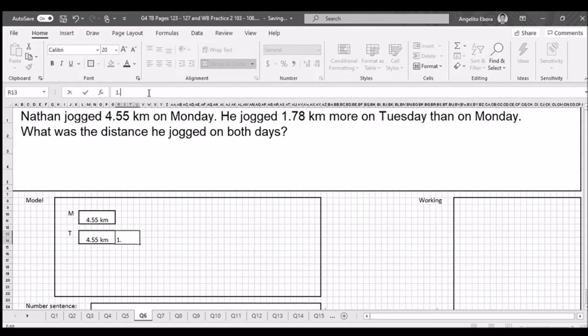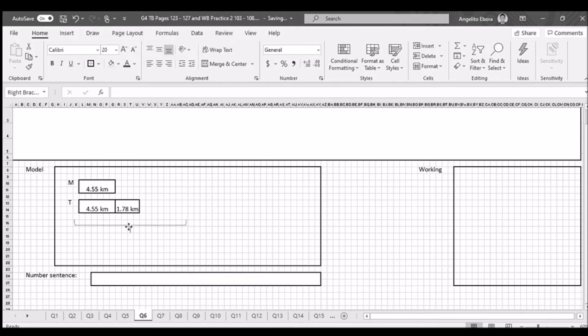So this one, the extra is for the 1.78 kilometers. Okay. So what was the distance he jogged in both days, Monday and Tuesday? So first we need to find the distance that he jogged on Tuesday, and then both days. So this bracket, that means we need to add Monday and Tuesday.